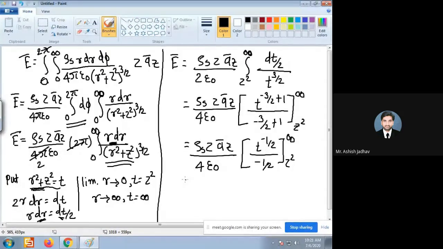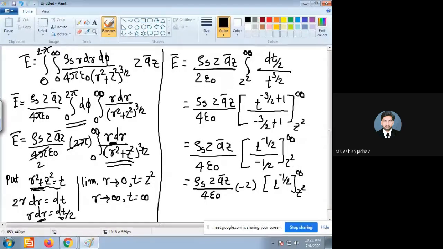So if I proceed further, what do we get? rho s z a bar z upon 4 epsilon naught. So minus 2 I can take it outside now: minus 2 into bracket t raised to minus 1 by 2, z square to infinity.